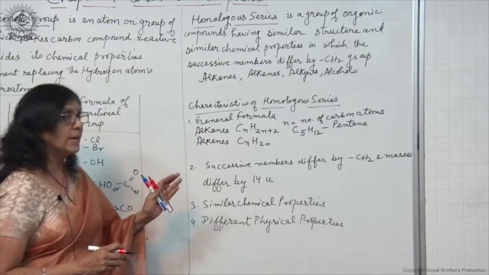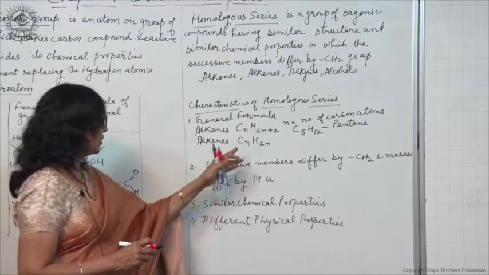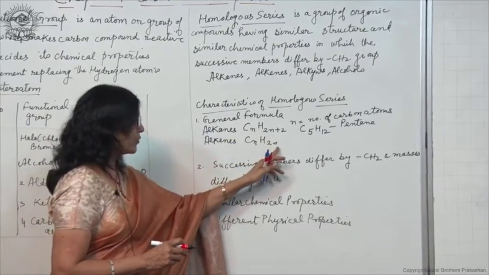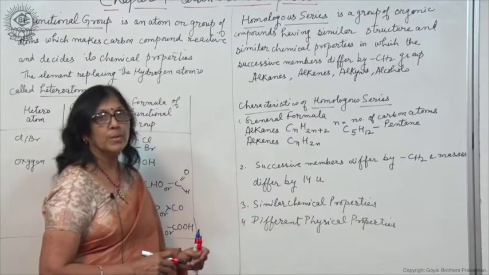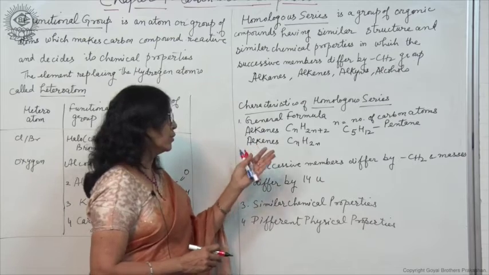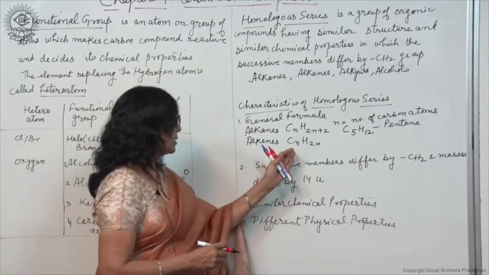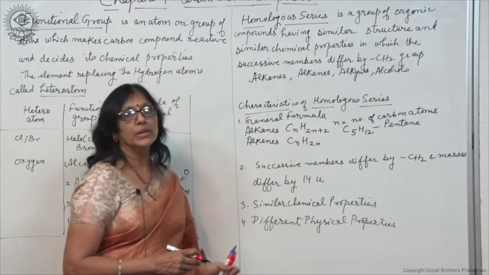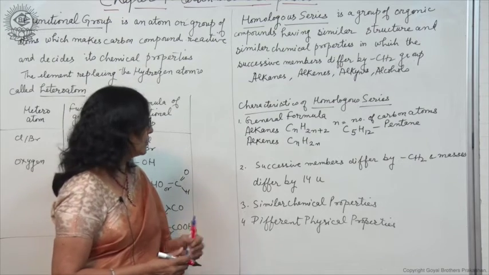So, the first member has 2 carbon atoms: C2H4, that is ethene. So, you can write any alkene by knowing the number of carbon atoms. If the carbon atoms are 6 in alkenes, it will be C6H12, 6 2s are 12.